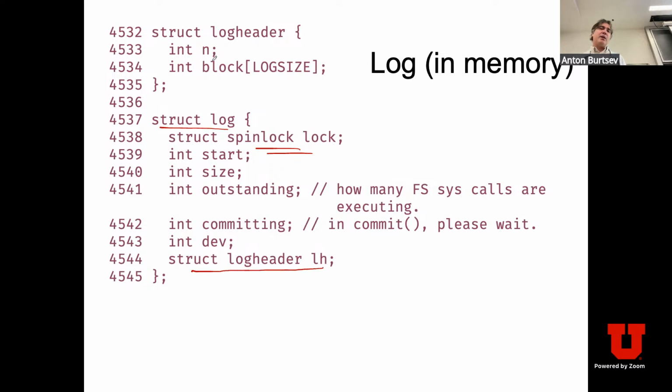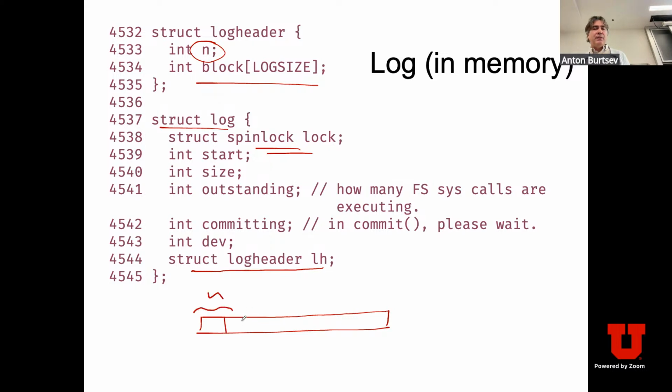The log header, a simple data structure, is just an array of integers and a size n. Those are the blocks which you have to write. Essentially, every time you call log_write, instead of writing anything to disk, it just says, okay, I'll just remember the number.